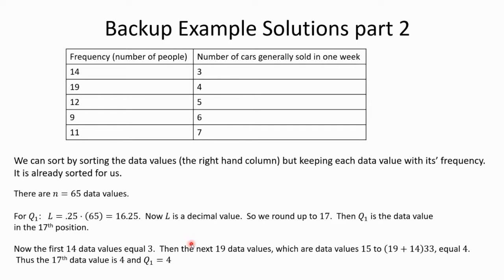So that means the first 14, then 15, 16, 17, you keep on going until you get to 33. Those are all 4. So clearly the 17th data value equals 4. So that's good.